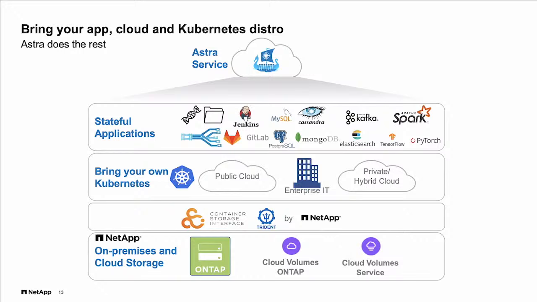We'll work with everybody, whether it's on-prem or in the public cloud, self-managed or fully managed. So this is very important. Just want to make sure that Astra will be working with the Kubernetes that you want to use, not mandating that you must use this Kubernetes or that Kubernetes. You choose your Kubernetes, you choose your cloud, and you choose your app. We do the rest.